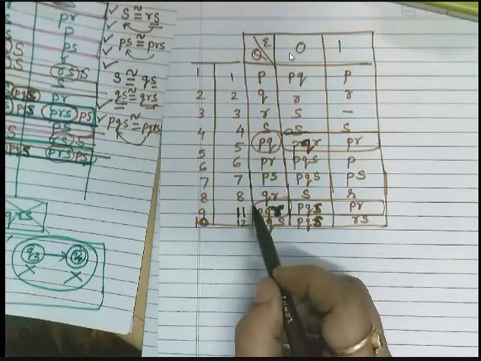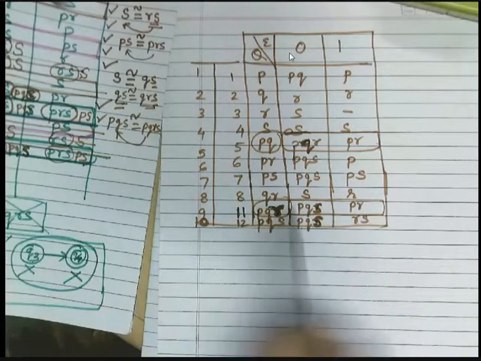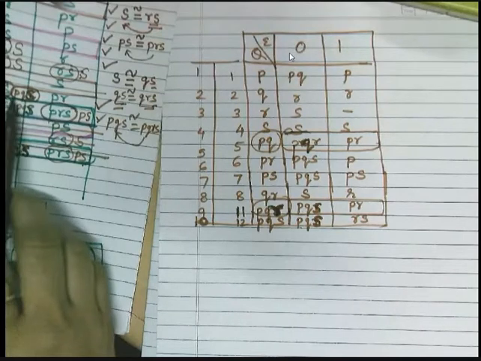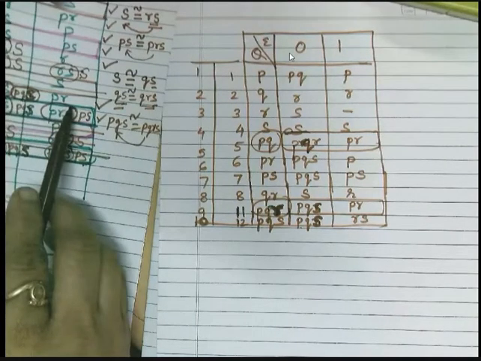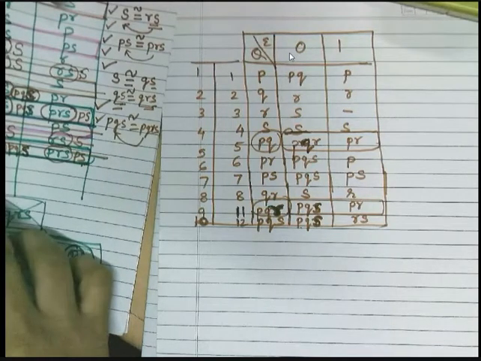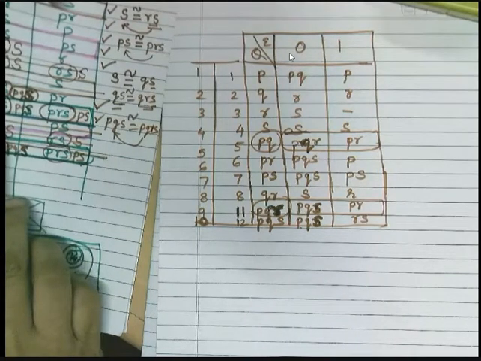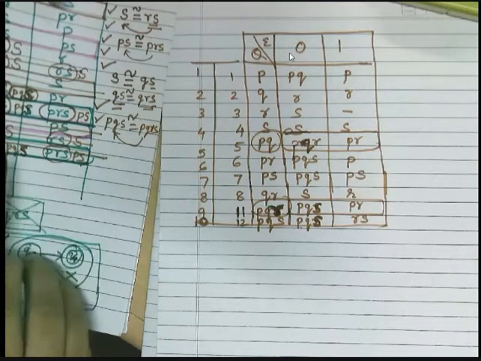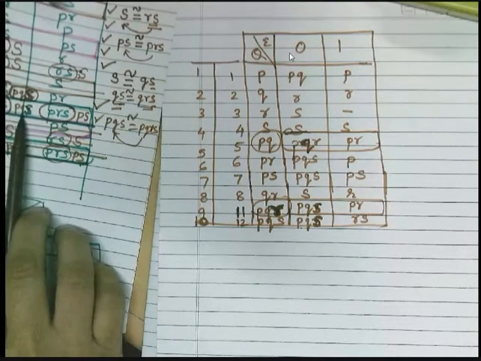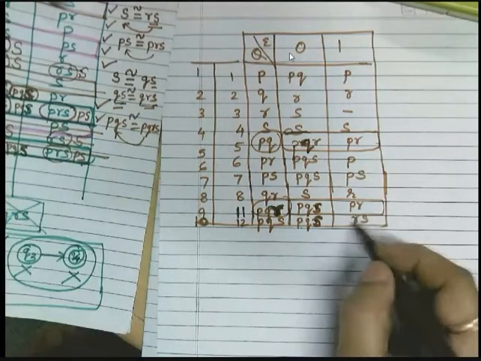For 8 it is SR. Then for PQR we have PQS and PR, and then finally for PQS we had, which we have already removed, PQS, PQRS and PRS, no, we have included, so it will be PQS and PS, it is PS, right?